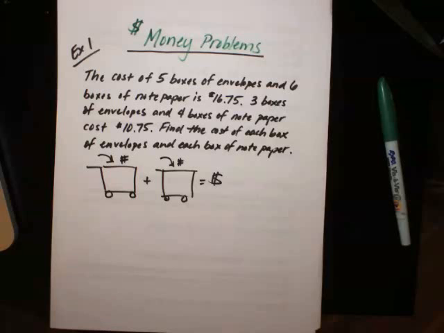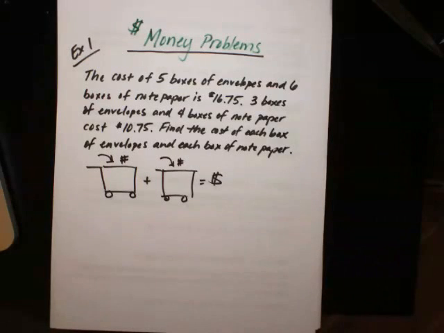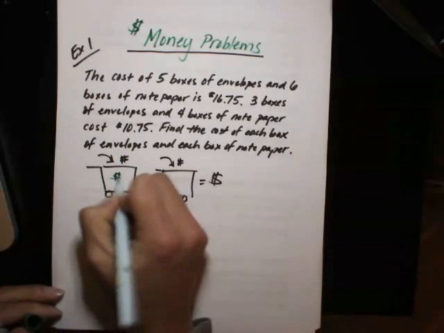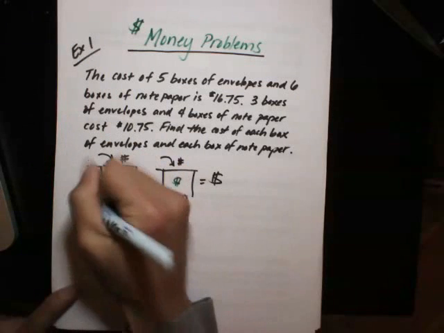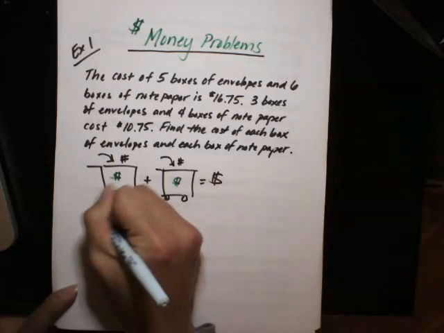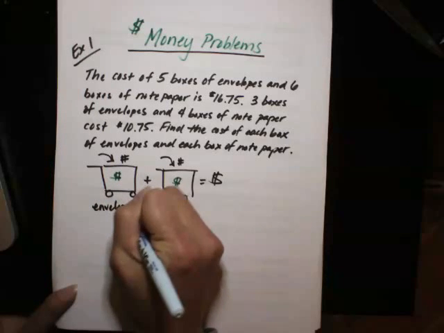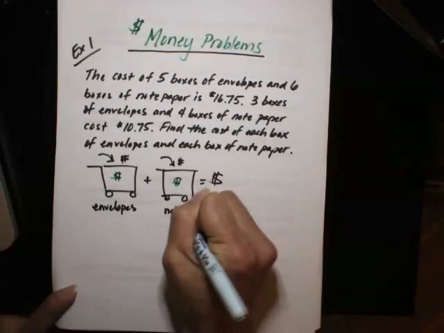They all have costs associated with them, and sometimes your cost is different. So you're going to have different costs for different items. I would go about this by making sure that we label our information. Let's say this shopping cart contains boxes of envelopes, and this one contains notepaper.